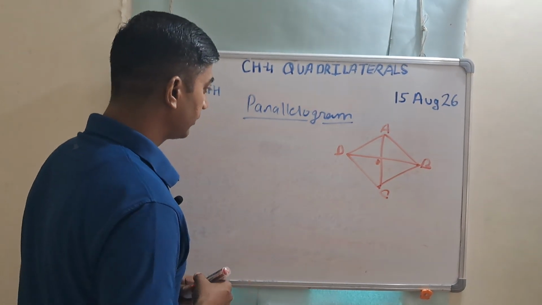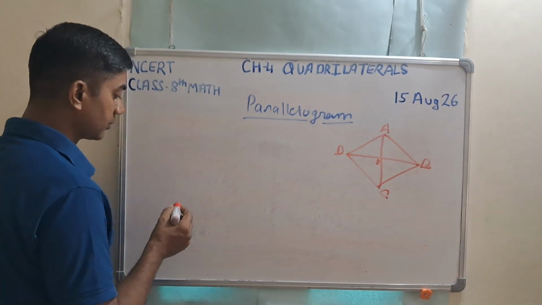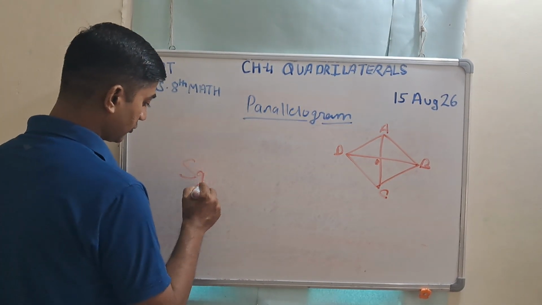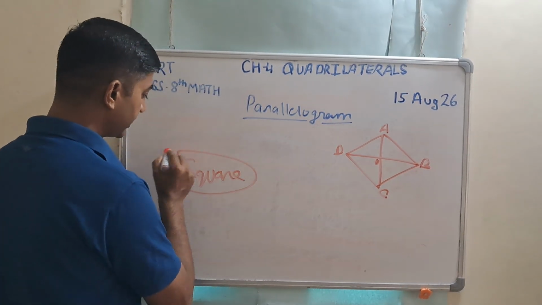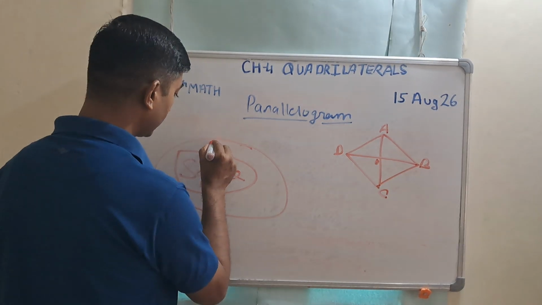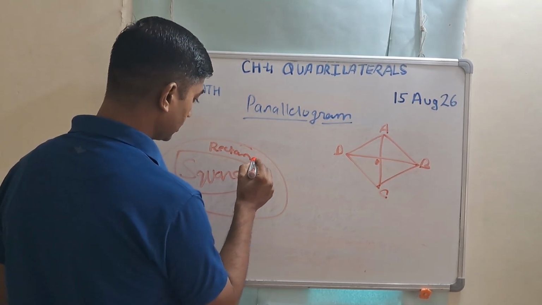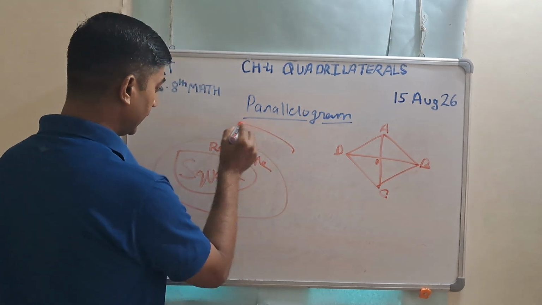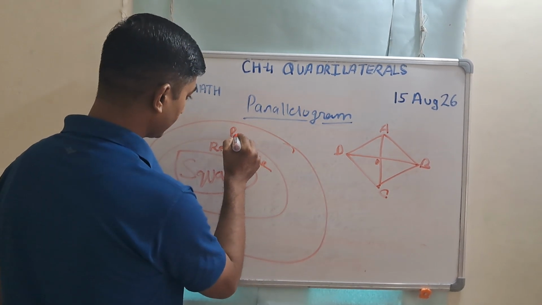Before that, one more thing we discussed in the previous class, that in a Venn diagram, if this is the set of squares, then this is the set of rectangles, and all the rectangles are parallelograms.